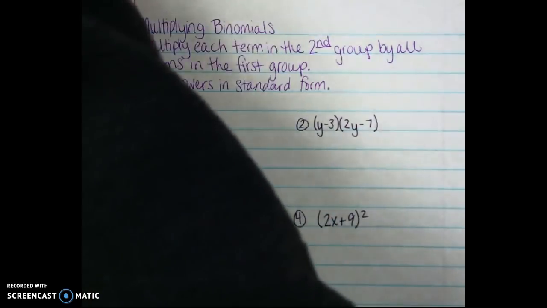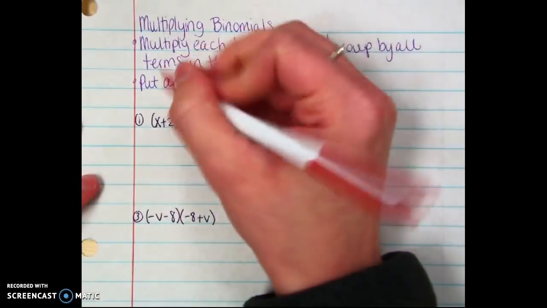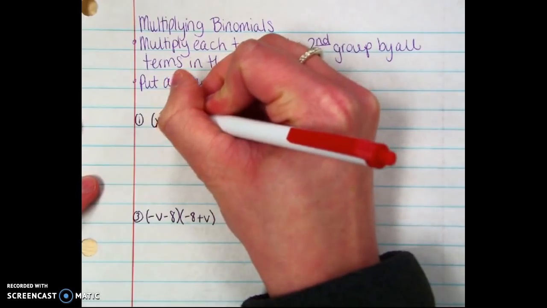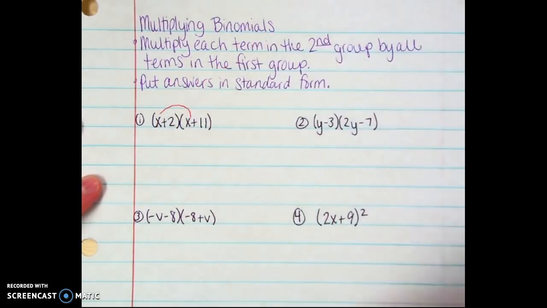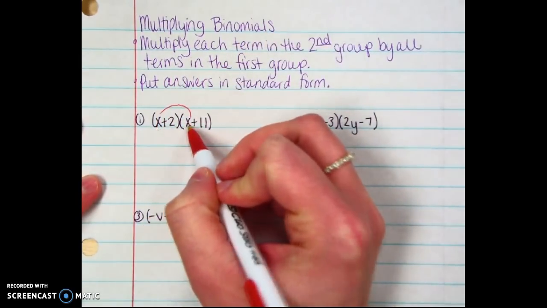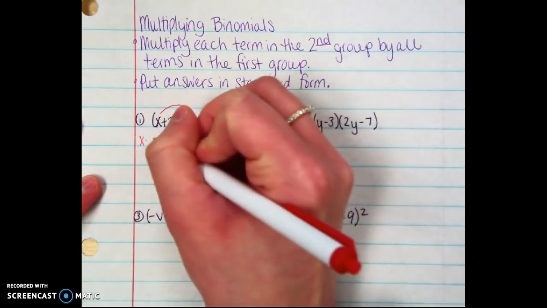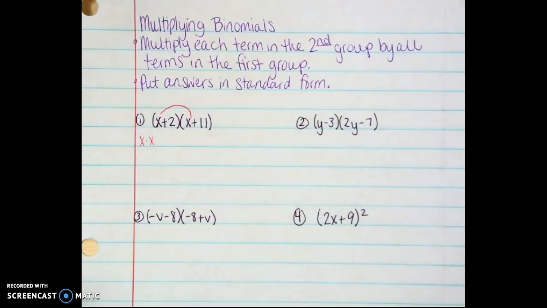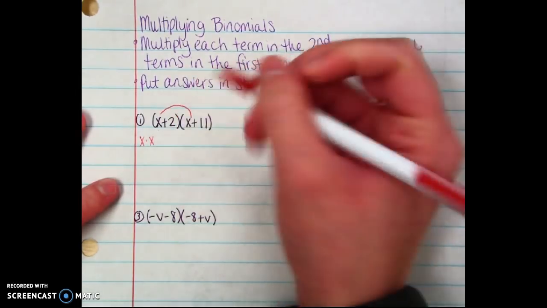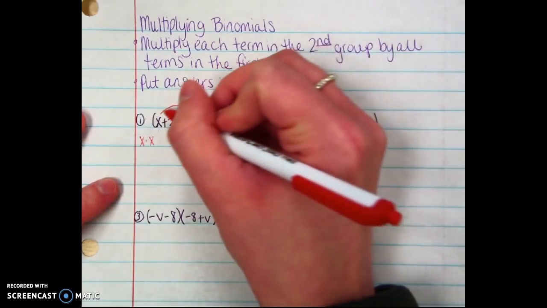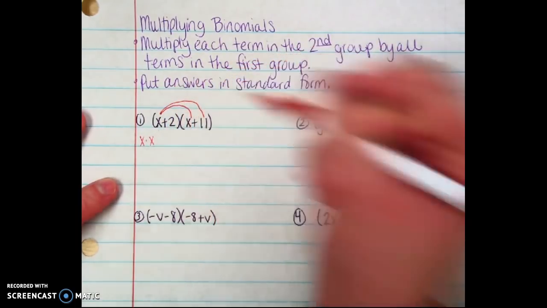So first go around, you're going to multiply the first term times the first term. X times x. Actually, I guess I can write that out. I'm not going to write them out on all of them because I don't expect you to do this on your assignment. Okay, the second multiplication is going to be the first times the last one.